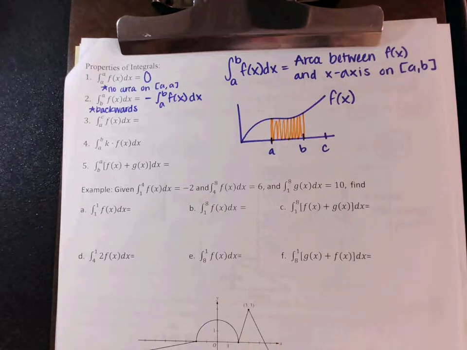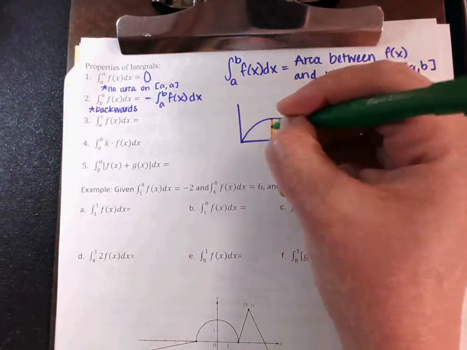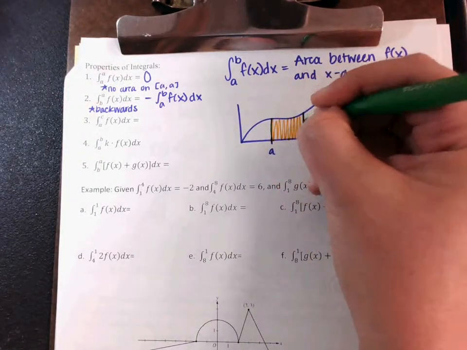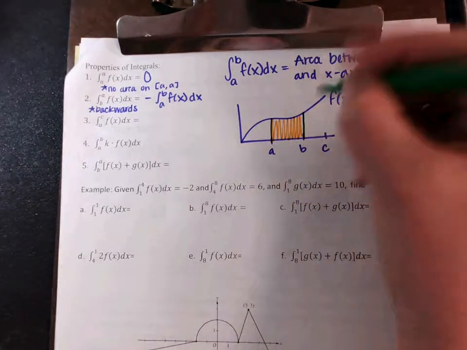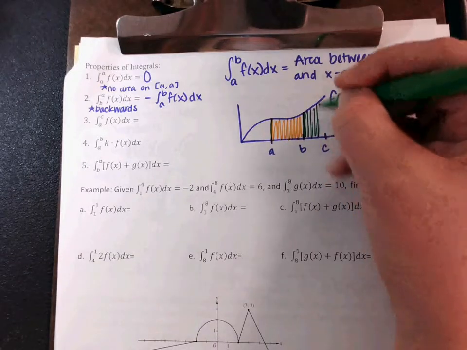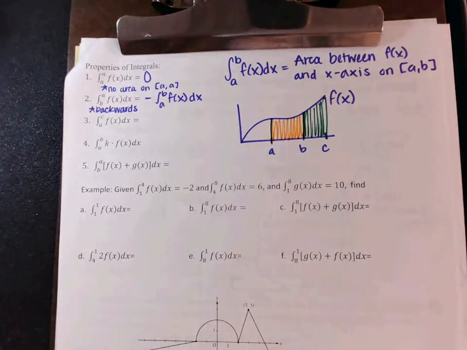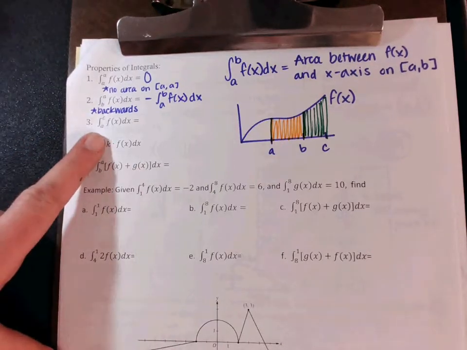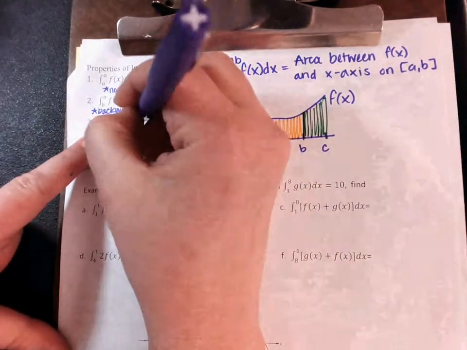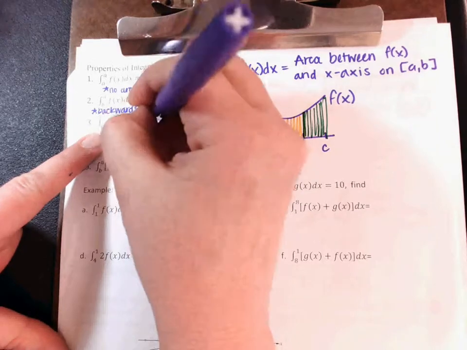Let's say that I wanted to integrate all the way from A until C. What you would do is integrate from A to B, and then you would pick back up at B and continue shading until C. Would that give you the same amount of area if you added the orange and the green areas? Yes. So this integral from A to C, you would break up into A to B of f of x plus B to C of f of x.